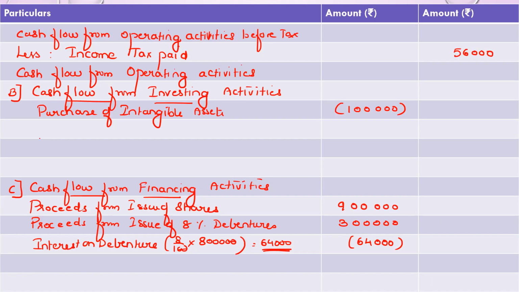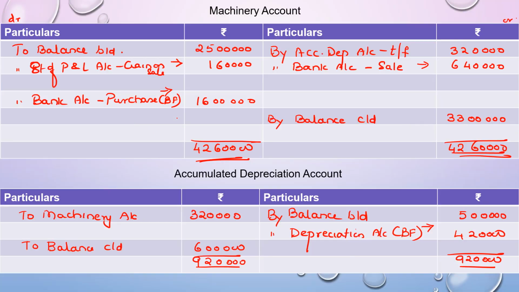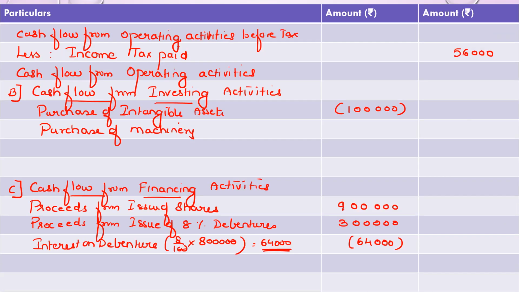Then we had a purchase of machinery which came up to, I think it was 16 lakh, and sale was 6,40,000. So purchase of 16 lakh is an outflow under investing activity, and sale of machinery is an inflow of 6 lakh 40,000. So with that, we have incorporated everything.